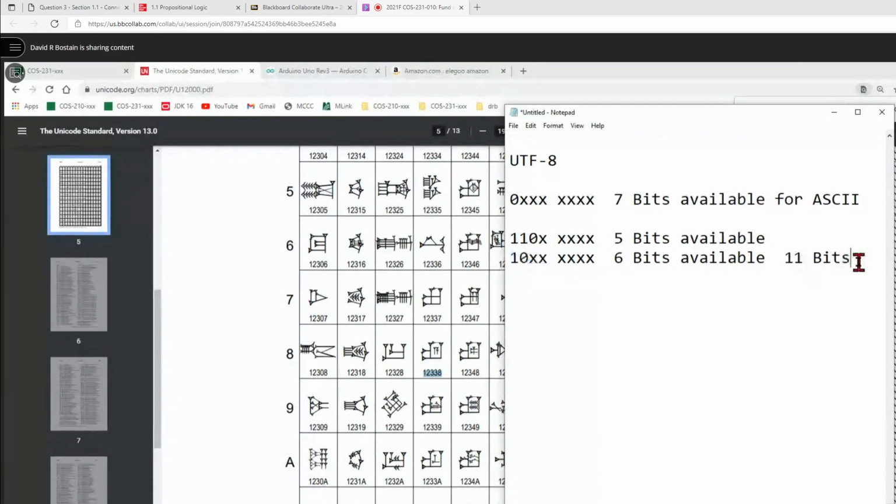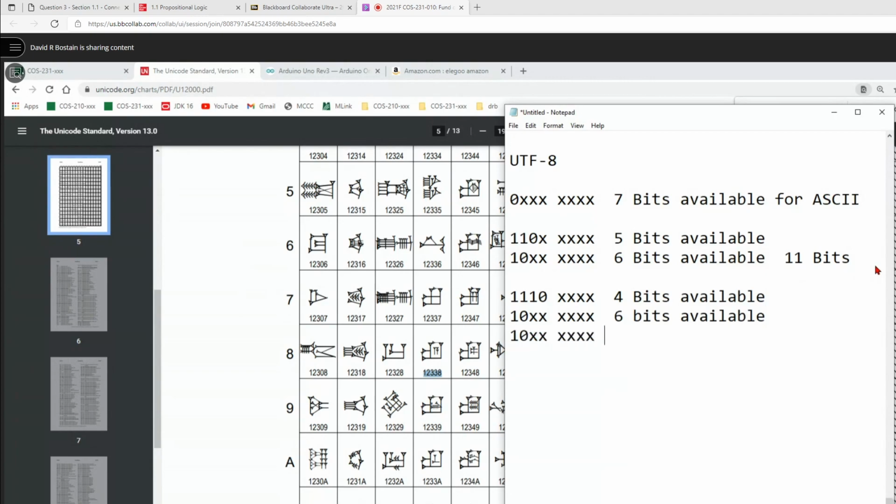What if it's bigger than 11? Well, if it were 3 units long, we get 4 bits here. And then I have two of these, giving me a grand total of 12 plus 4, or 16 bits.